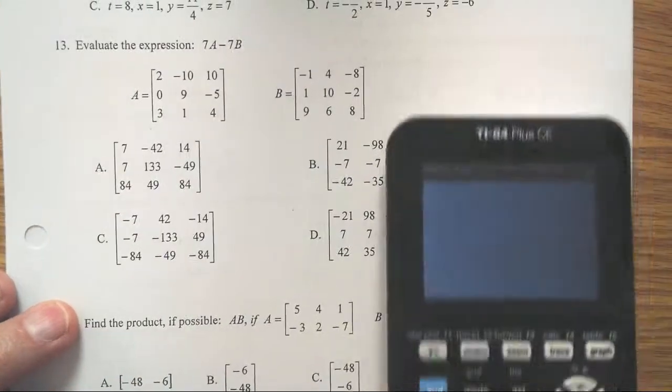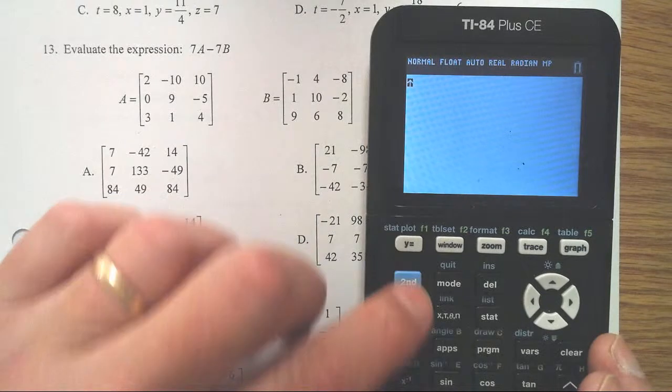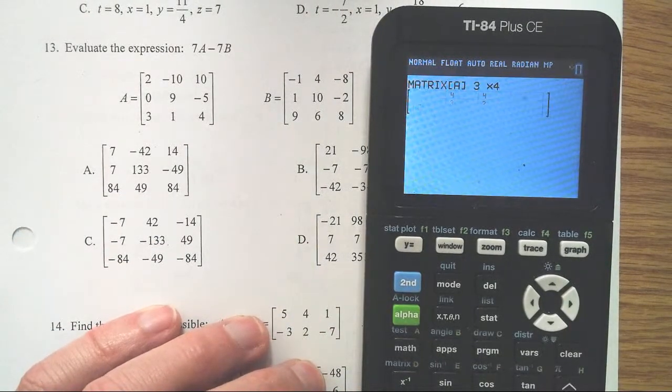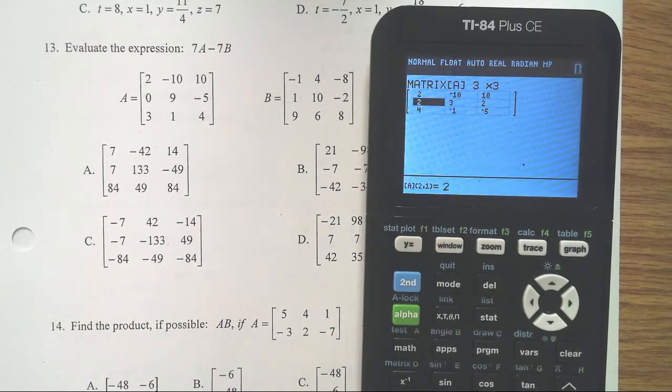So that's all there is there. For 13, this might be a problem you choose to do by hand, but I'm going to go ahead and do it by entering matrices. So I'm going to edit matrix A, make it a 3 by 3: 2, -10, 10, 0, 9, -5, 3, 1, 4. Double check.